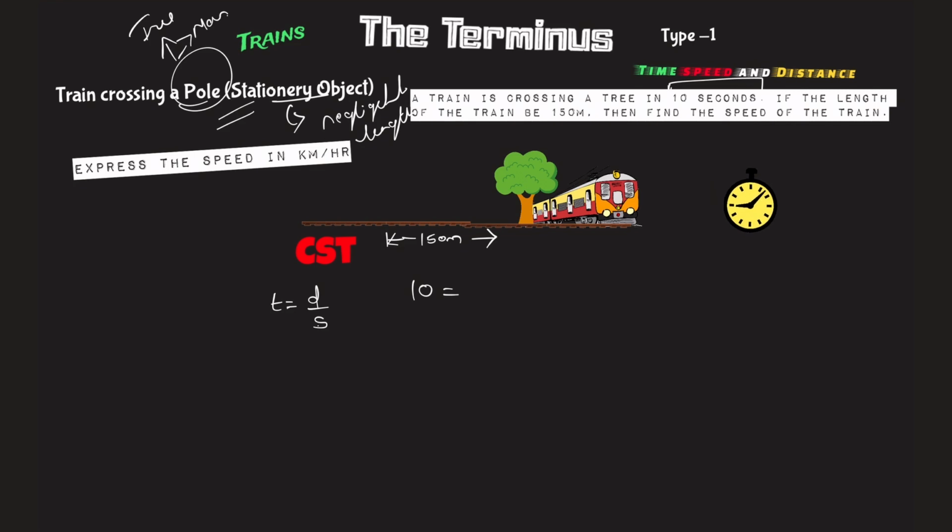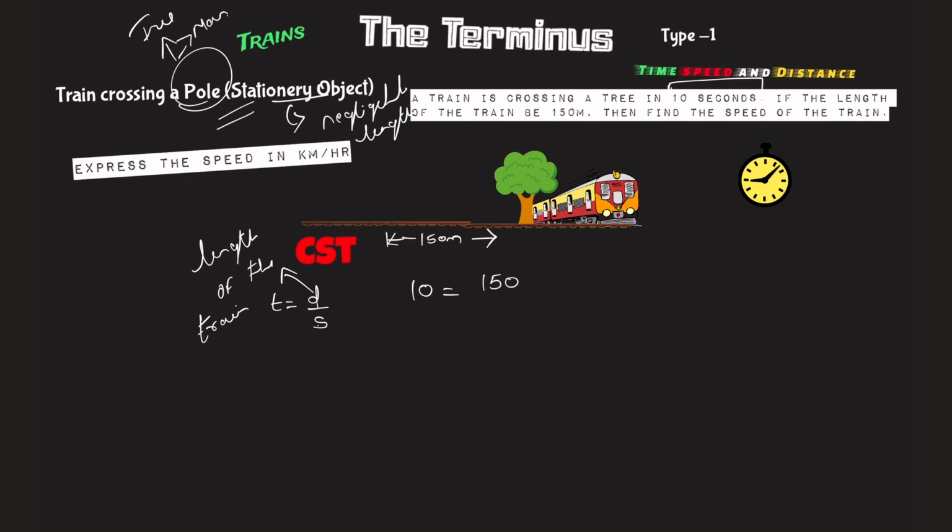And I stopped the stopwatch. So what is the distance traveled in this case? Length of the train. So in type 1, when the train is crossing a stationary object having negligible length, the distance is always the length of the train, which is given to me as 150 meter.